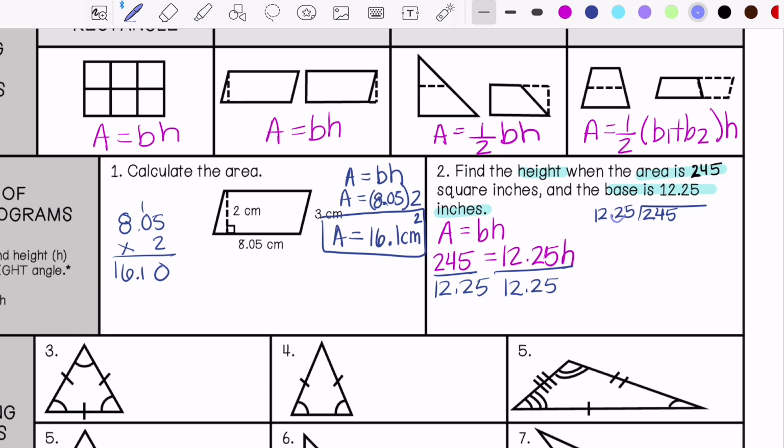So now I need to move this decimal point twice, which means I need to move this twice. My height is 20 inches.